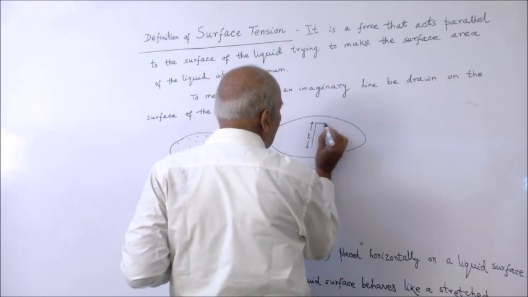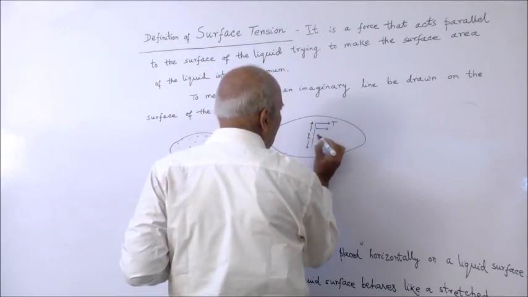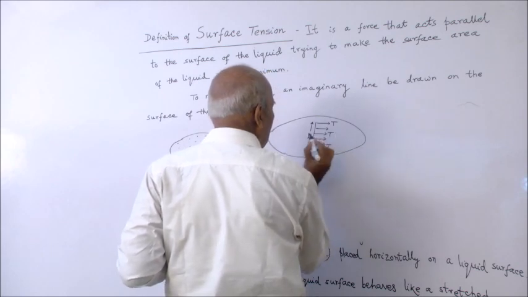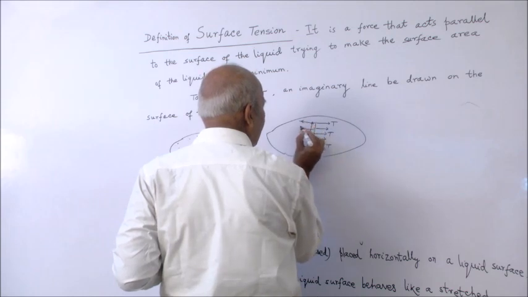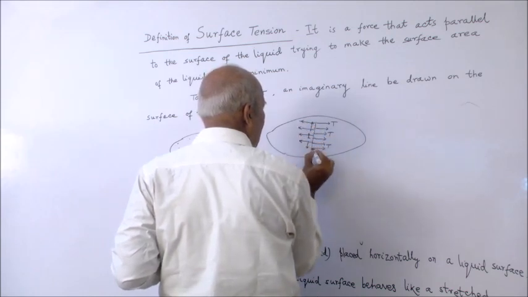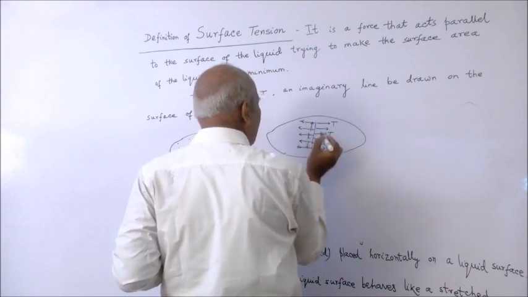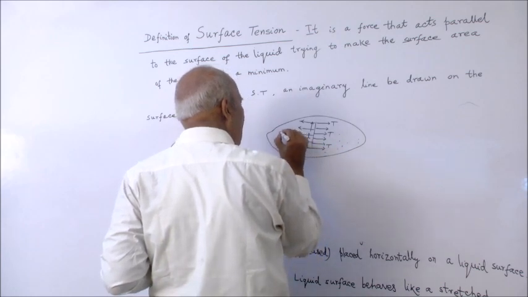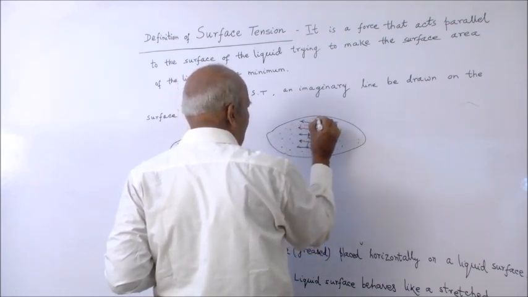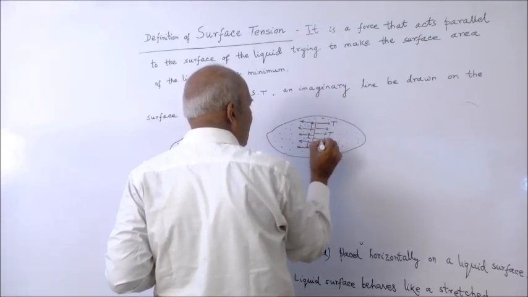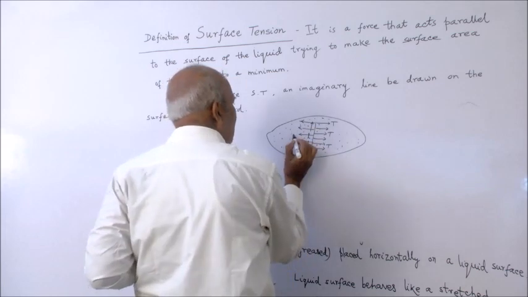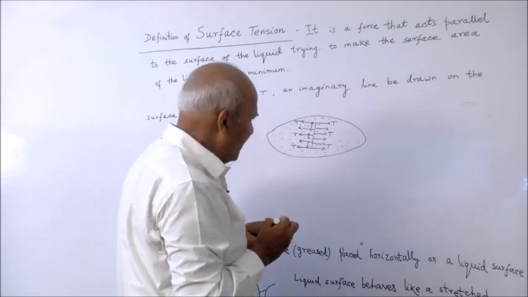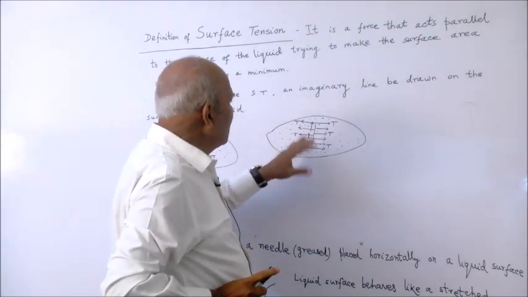And here you will find these forces acting on both sides, this side and that side. So, effectively the imaginary line has length 2L, because as such one will see that T and T will cancel, that means no force is there on the imaginary line, but that is not so.